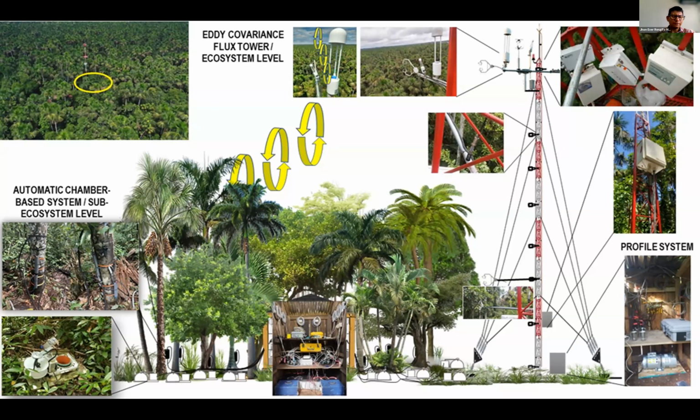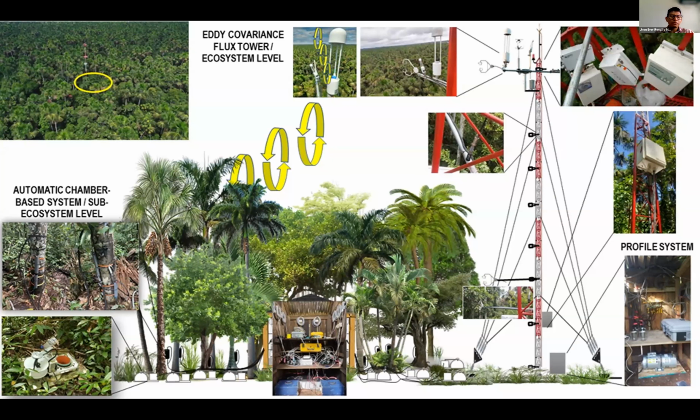In addition to this, in 2021, an automatic chamber-based system using LICOR instrumentation was installed in a circular plot of 15-meter radius within the footprint of the tower, containing the most abundant plant species of the site.